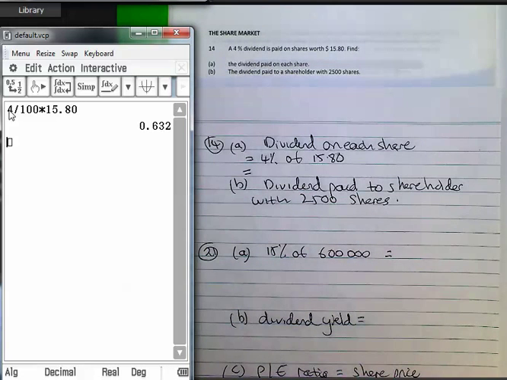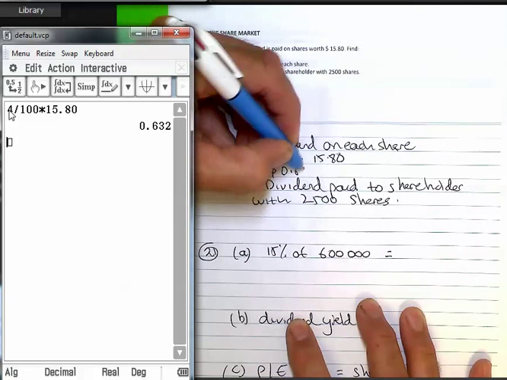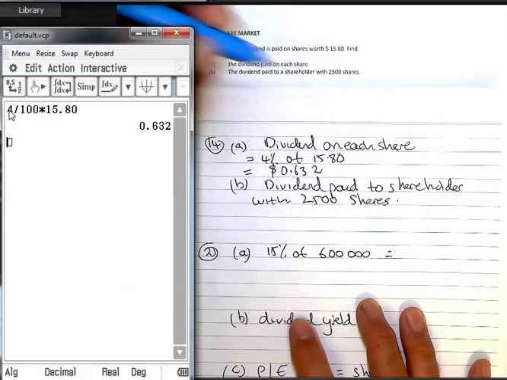Paying 63 and a bit cents per share, or 0.63. We'll keep that to two figures, we'll need it in the next bit.